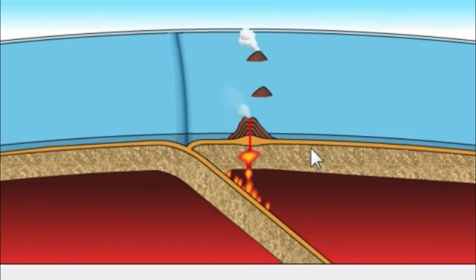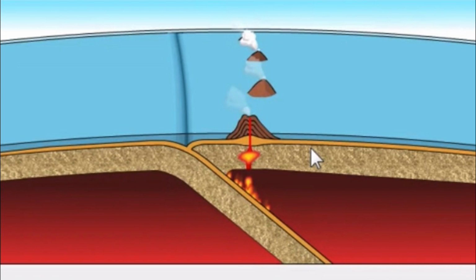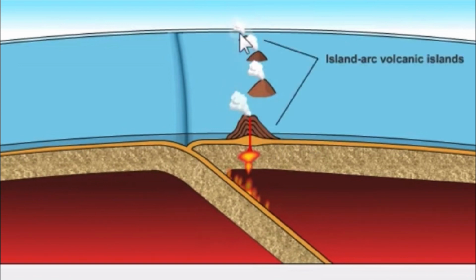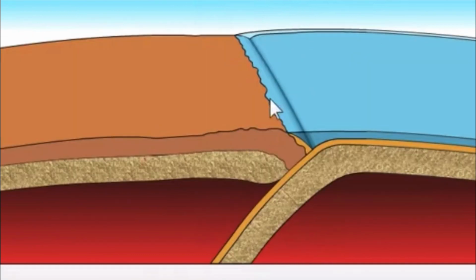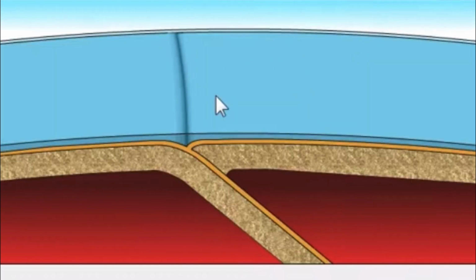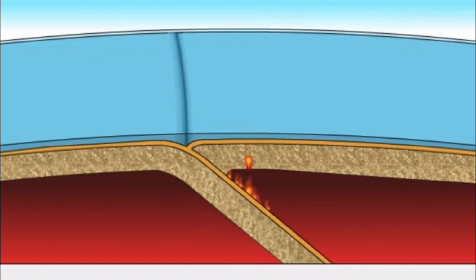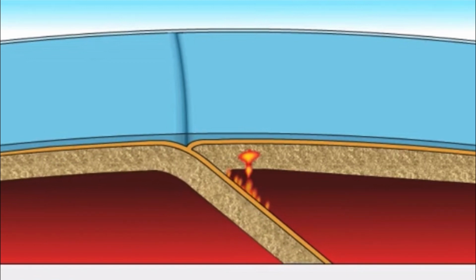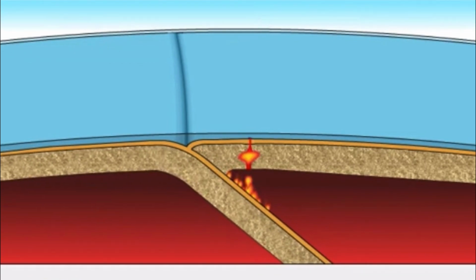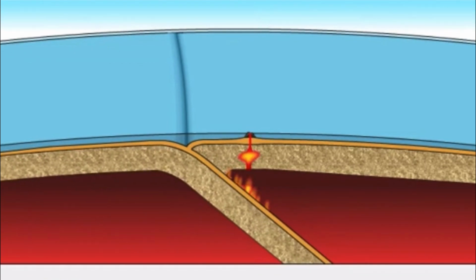You see how it's very similar to the continental situation. The only difference is that the volcanoes are popping up out of the ocean parallel to the trench instead of on land parallel to the trench. Okay, so an example of this would be the Aleutian Islands, or the Philippines, or the Marianas Islands in the Pacific. These are all what we call volcanic island arcs.